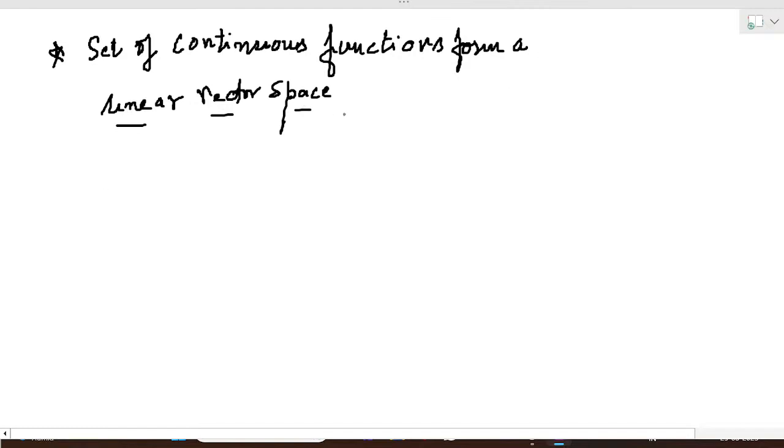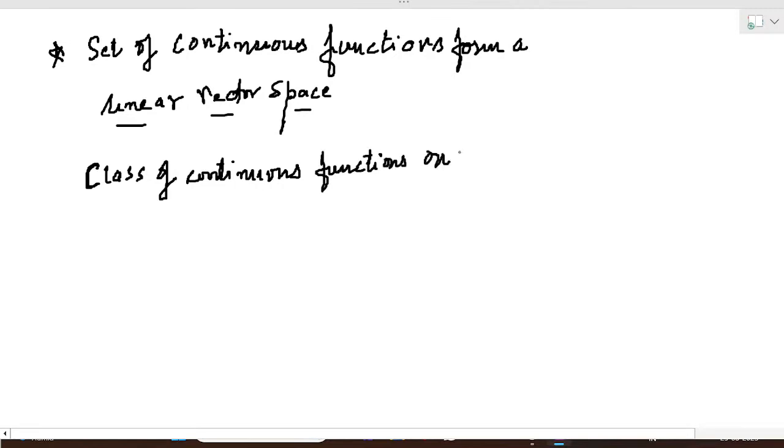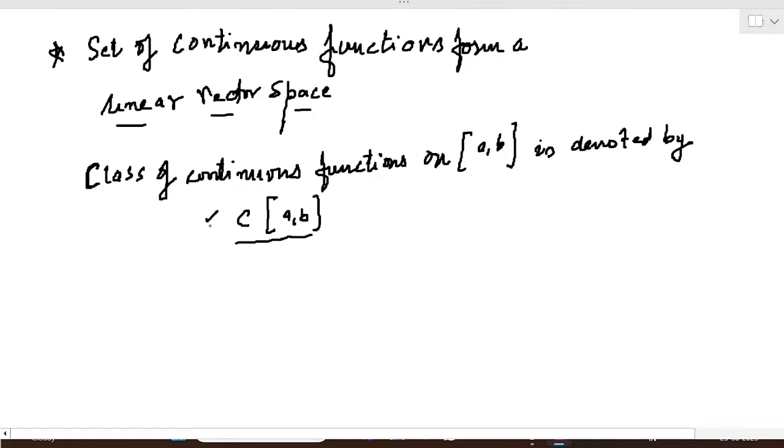Now you see the class of continuous functions. The class of continuous functions on a comma b is denoted by C a comma b. So if I'm writing this, it implies I'm talking about continuous functions on the closed interval a comma b.